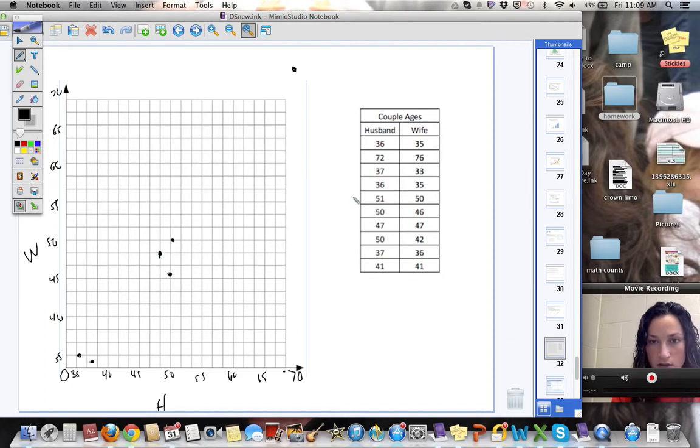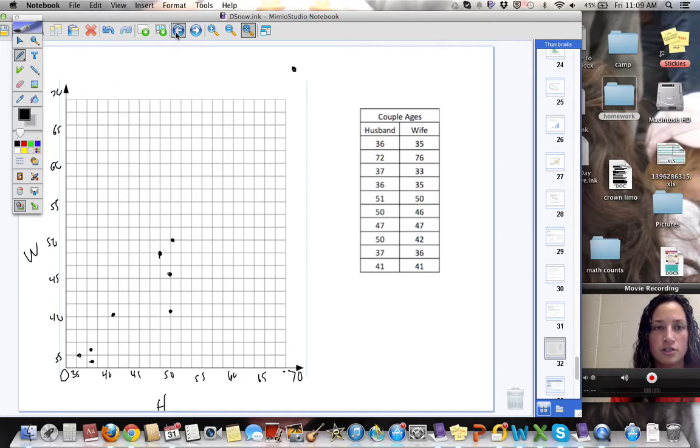Just put it there. 50, 42. 37, 36. 41, 41. So something like that.